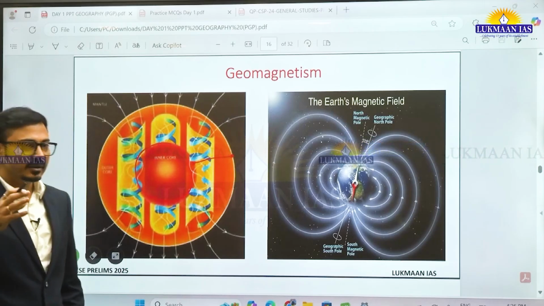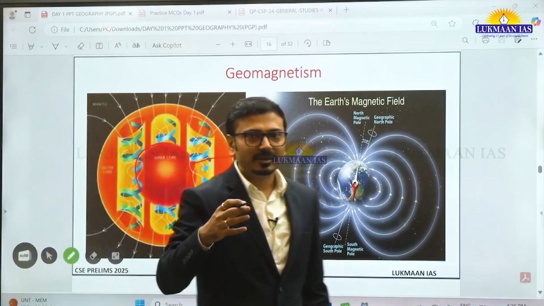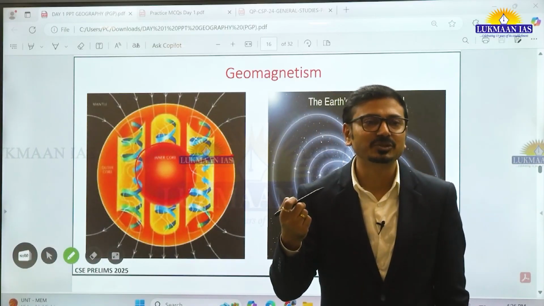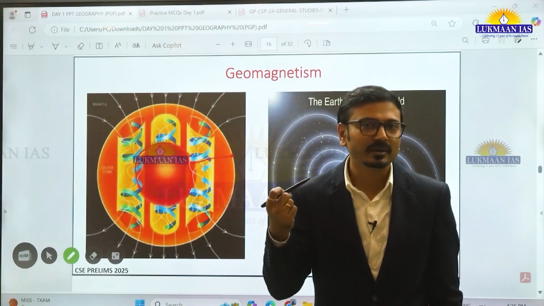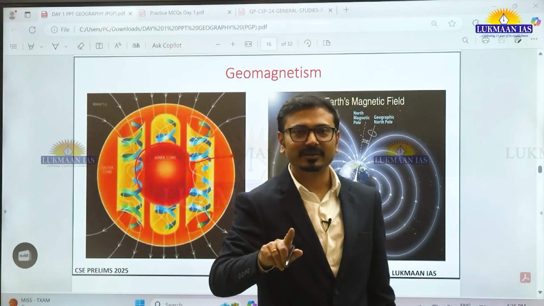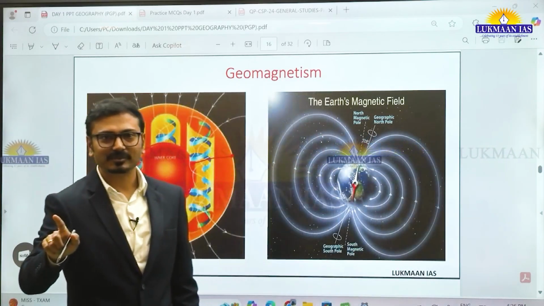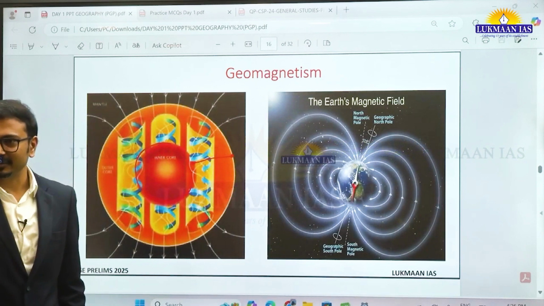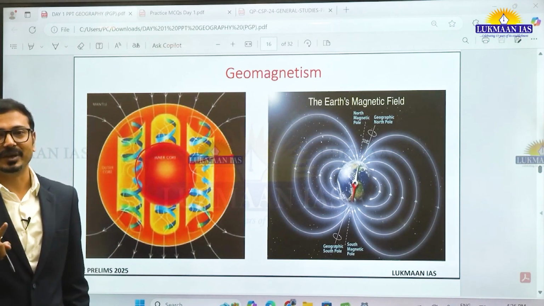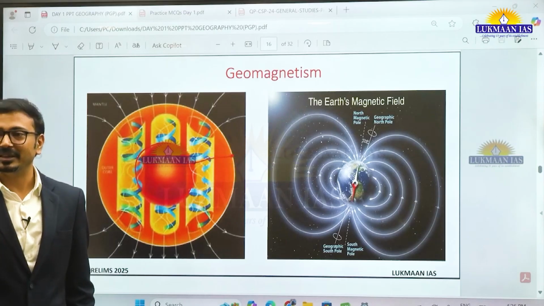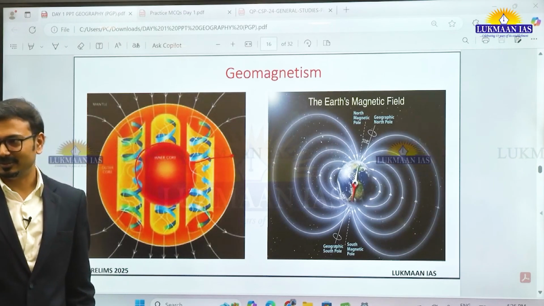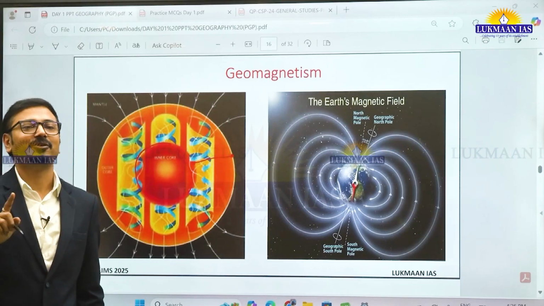Now we have learned in physics that whenever the charge is moving, it leads to the formation of current. Moving charge is basically current, or current is moving charge in a conductor. Now when that charge or current is moving in the form of a solenoid, it is going to create a magnetic field around it.